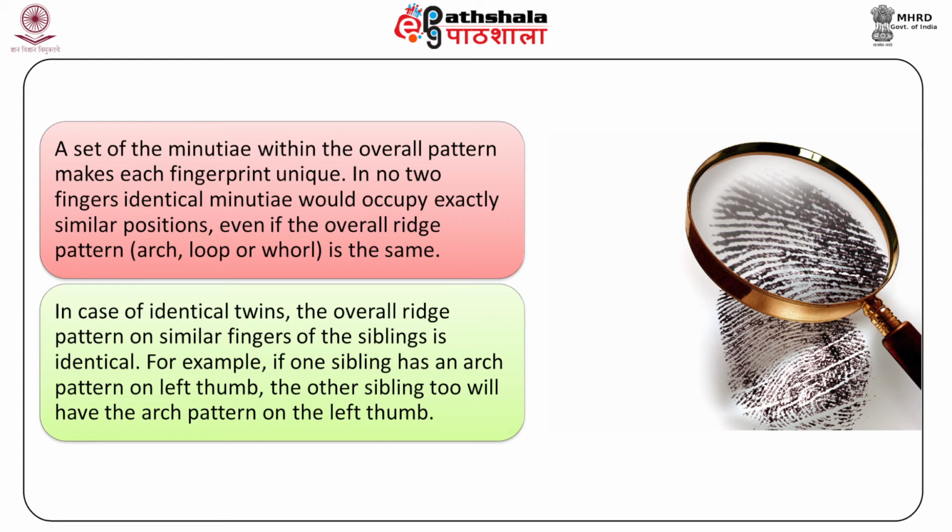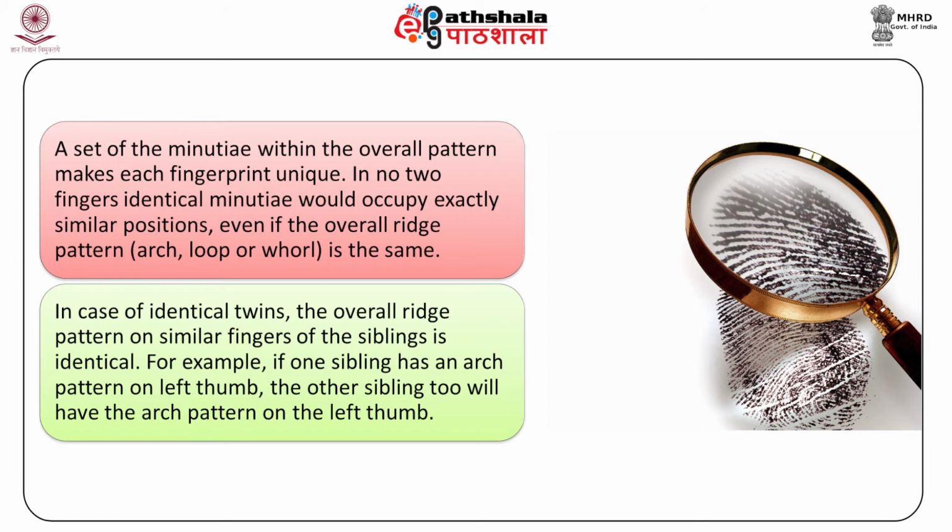No two fingers have identical minutiae occupying exactly similar positions, even if the overall ridge pattern, that is arc, loop or whorl, is the same. In the case of identical twins, the overall ridge pattern on similar fingers of the siblings is identical.